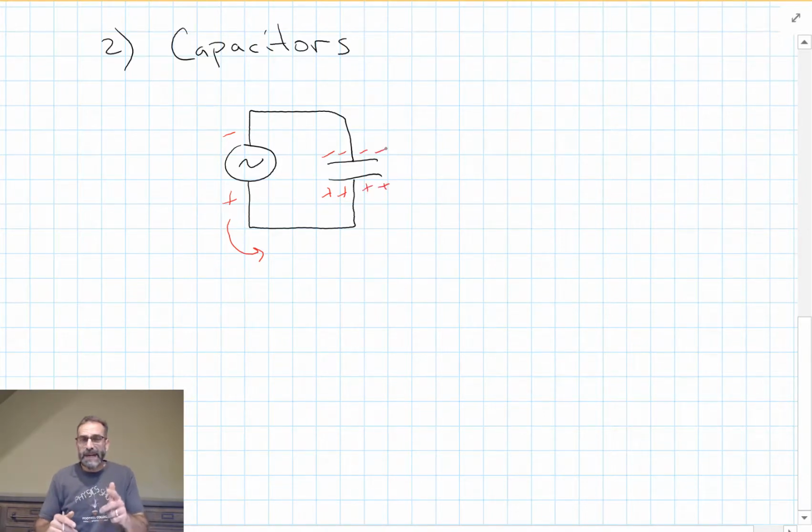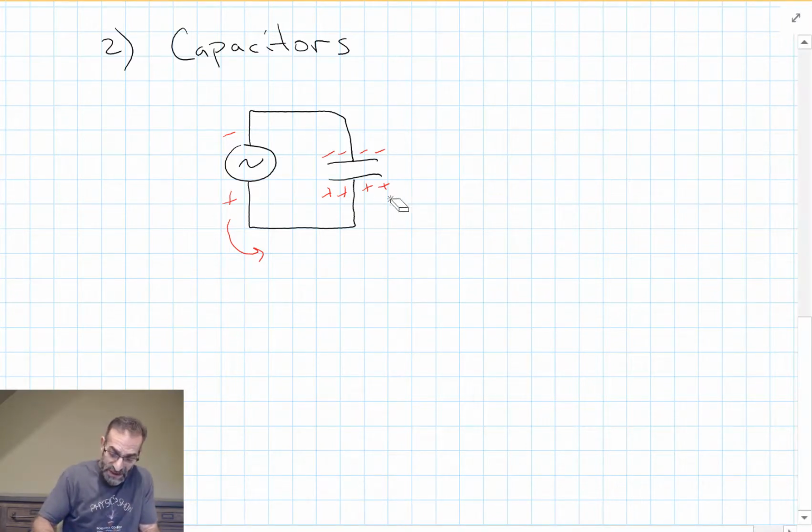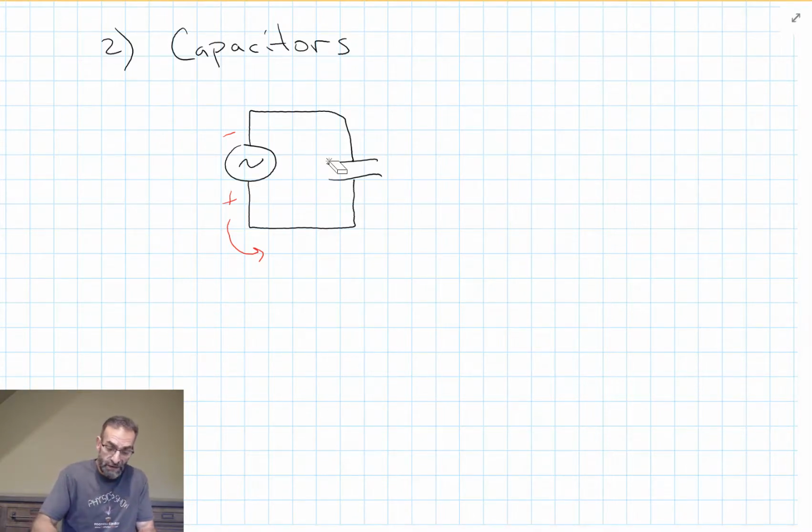But what would happen if I made that frequency switch faster and faster and faster? Well, as I start to flow charges, let's say the potential is the way it is here, the bottom of my power supply is positive, a few charges start to flow.